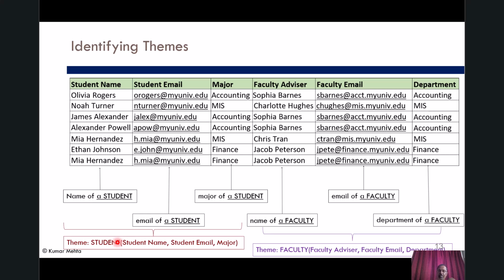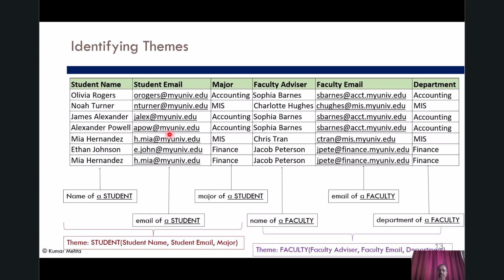Okay. Similarly, I see another theme over here, which is faculty. These are the advisors who are advising the students. And for the advisors, I see things like the name of the advisor, the email address of the advisor, and the department that the faculty member advisor belongs to. Okay, so that to me is a theme. For instance, I wouldn't mistake the faculty email as belonging to the theme for student.